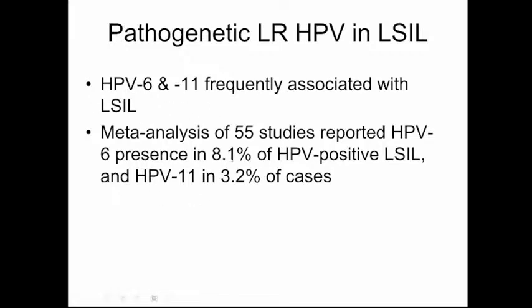And a meta-analysis looking at 55 studies reported that HPV type 6 was present in about 8.1% of HPV positive low-grade squamous lesions, and type 11 in only about 3% of cases. So they are present, but not in the majority of cases of low-grade squamous intraepithelial lesions.